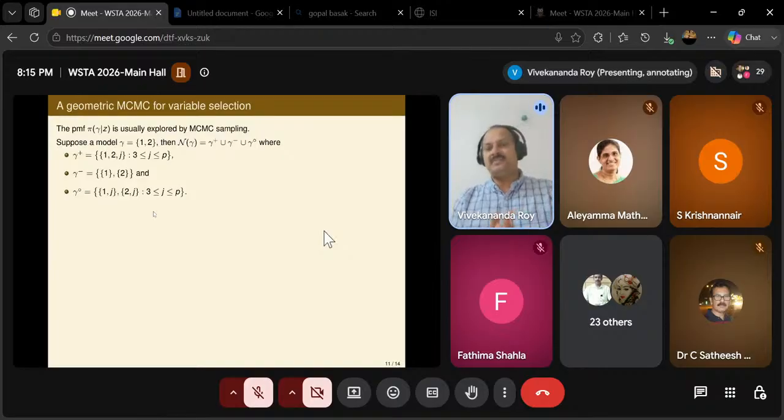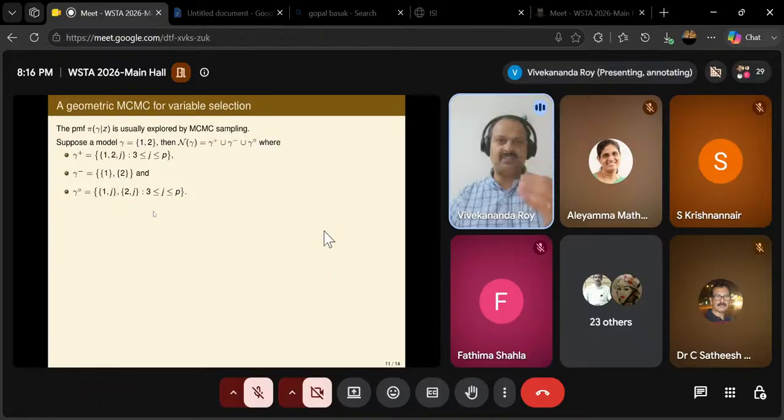A very popular MCMC algorithm is the random walk algorithm we mentioned before, where we use a local neighborhood move. This local move generally consists of one of these moves: addition, deletion, or swap. Remember, all I need to know to run the MCMC algorithm is how to make one move. Suppose I currently have the variables 1 and 2. Those are the only two important variables, and everything else is non-important.